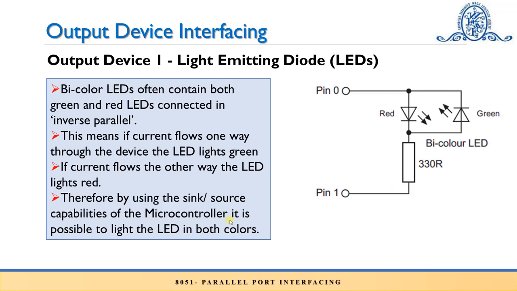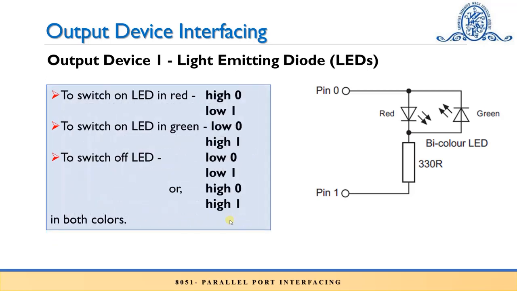In this case, externally, nothing is connected. Both the pins of the LED are connected to pin number 0 and pin number 1 of the microcontroller. So when pin number 0 is 1 and pin 1 is 0, that time the red LED will glow. And when the reverse is true, when pin number 1 is high and pin number 0 is low, that time the green LED will glow. The same is mentioned here.